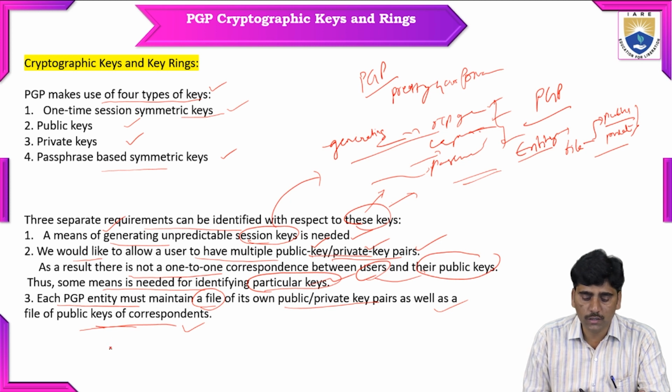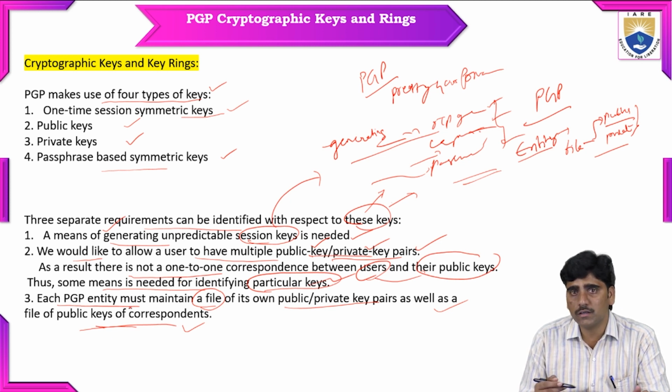Each PGP entity maintains a file with its own public or private key pairs, as well as a file of public keys of correspondents.